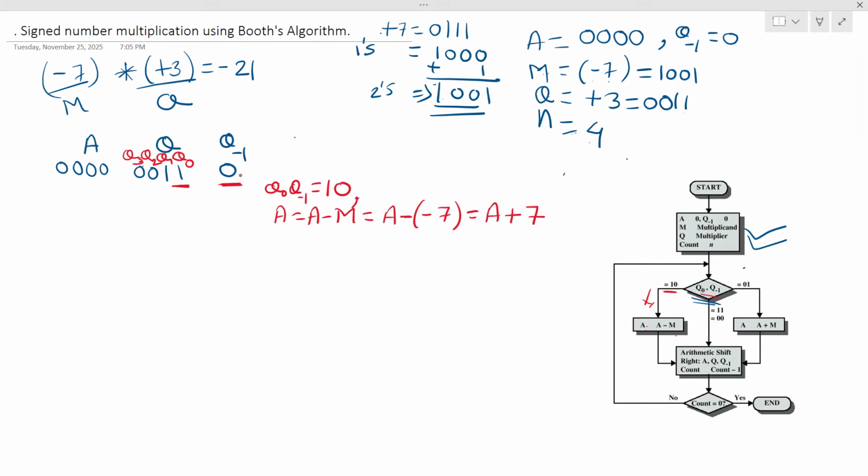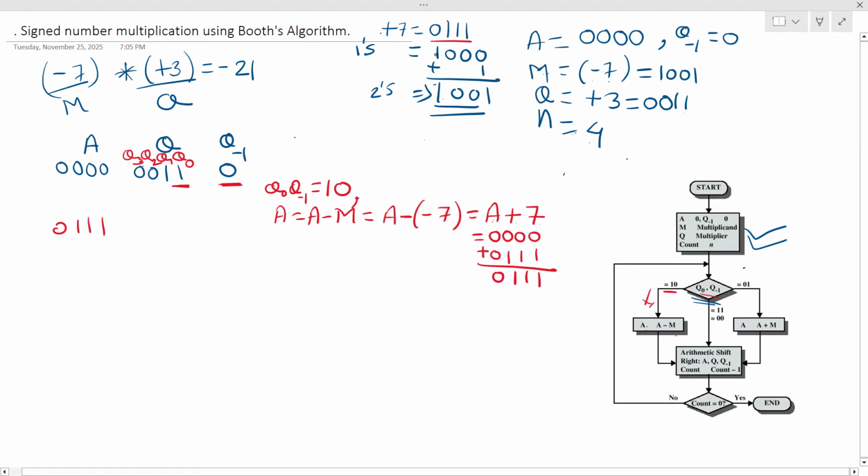So it is easy to add 7 to A instead of subtracting -7 from A. My value of A is 0000, and I add 7, which is 0111, so I get the new value of A as 0111. Q remains as it is and Q minus 1 is 0.